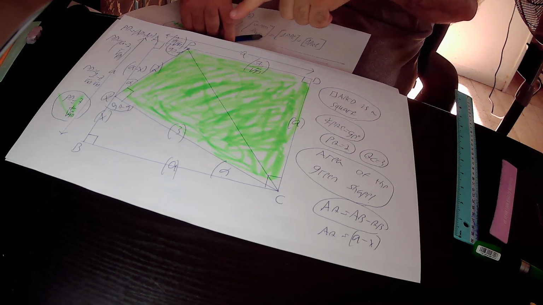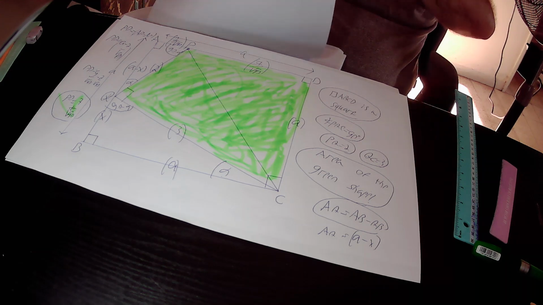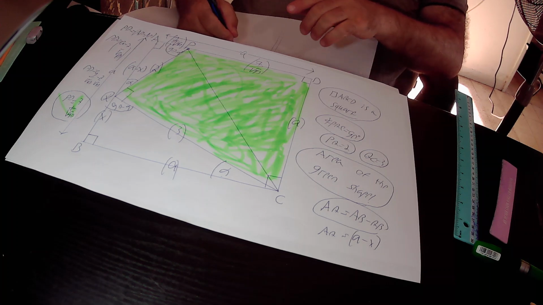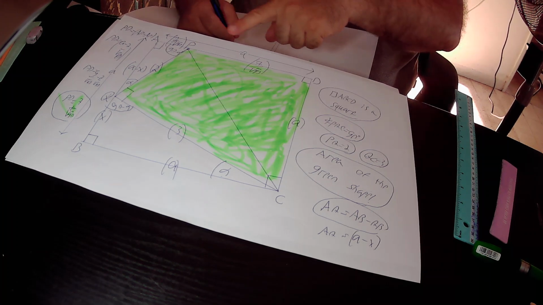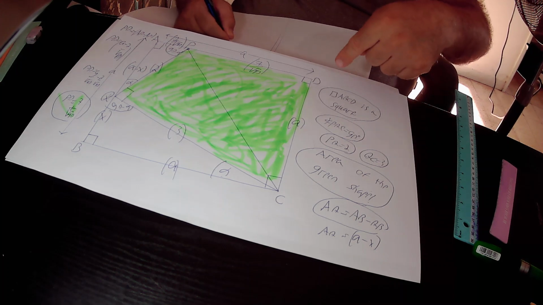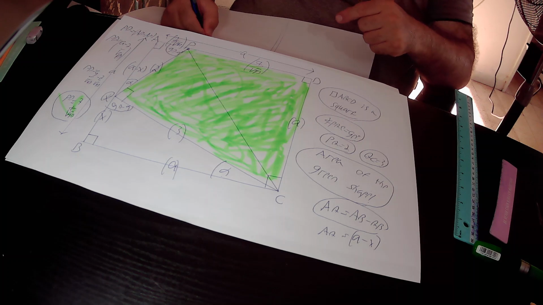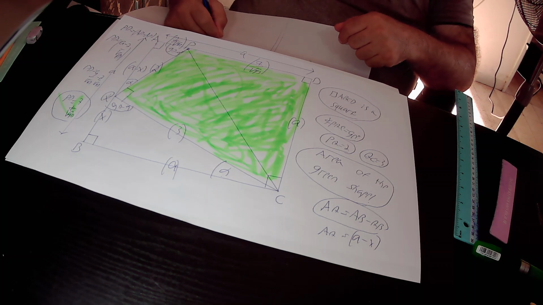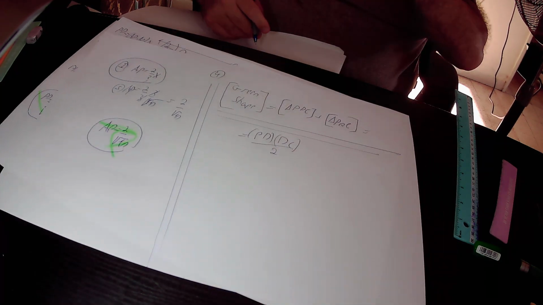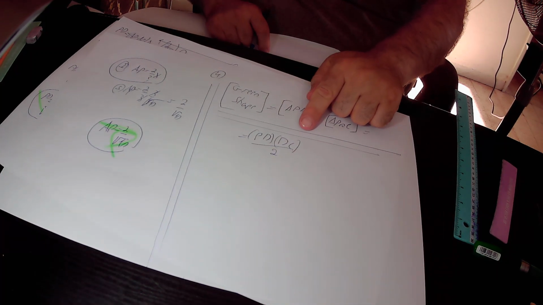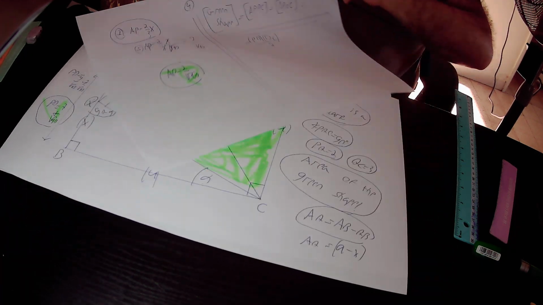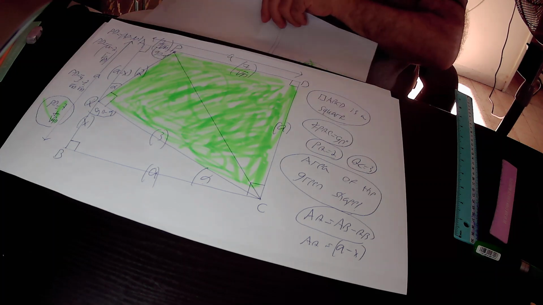So what is the area of the right triangle PDC? The area of the right triangle PDC is equal to the base of the triangle, that is PD, times the height, that is DC, over 2, plus the area of this right triangle PQC.